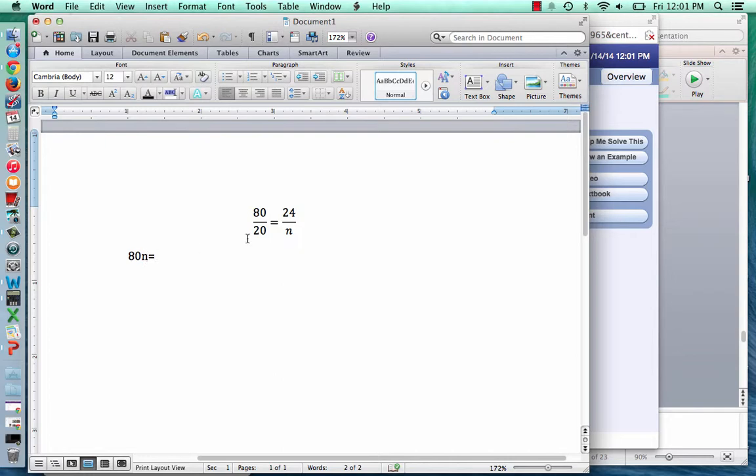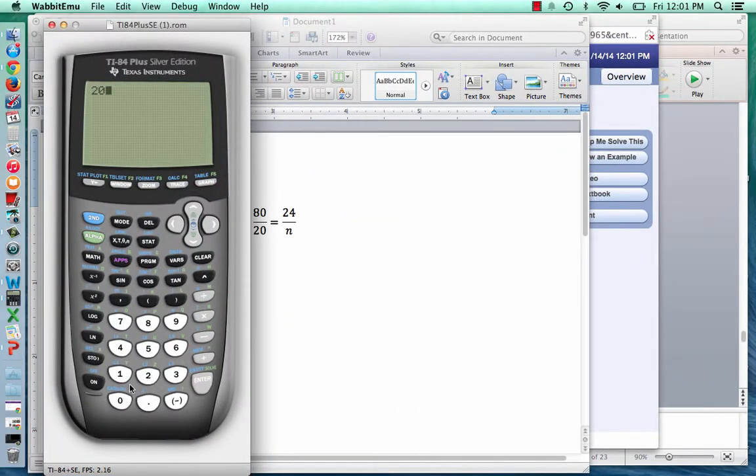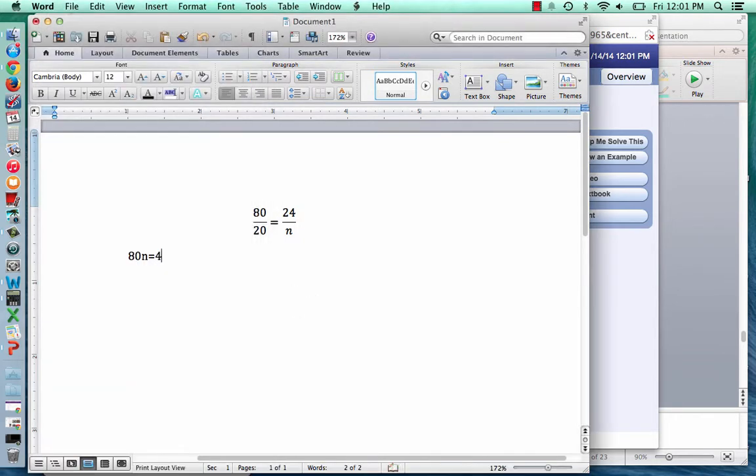And whenever we are solving a proportion like this, we can cross multiply. So I can do 80 times n, and that should equal 20 times 24. So 20 times 24 is 480. And then to solve for n, we just divide by 80.